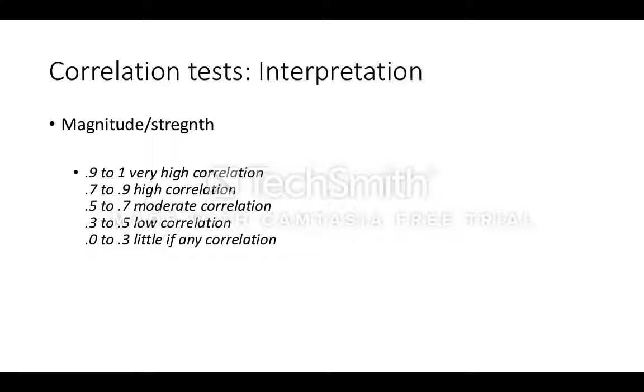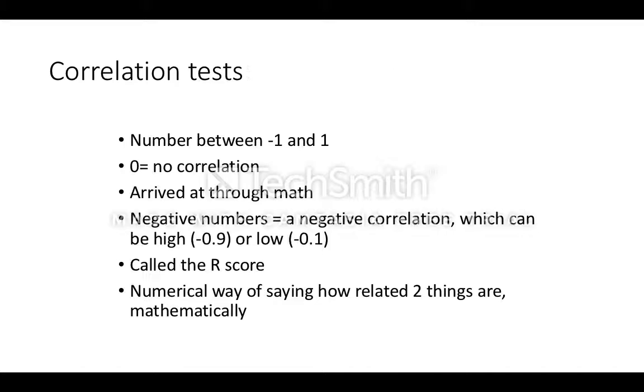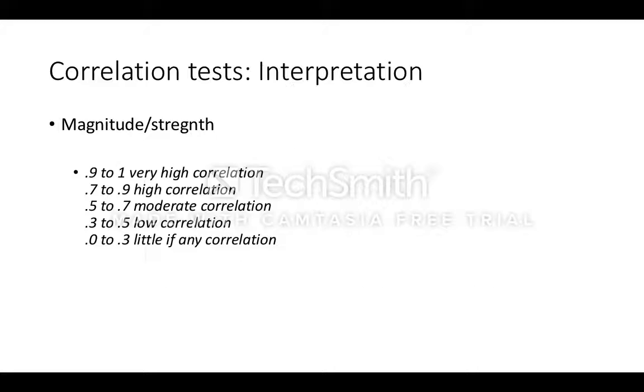So the first thing you look at when you are doing a correlation test is you'll get this number between -1 and 1, or from 0 to 1, that tells you how strong the correlation is. And again, the closer to 1 it is, the stronger the relationship. Next, you'll notice that R score has either a negative sign in front of it or a positive sign in front of it.